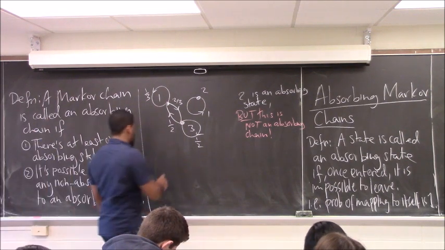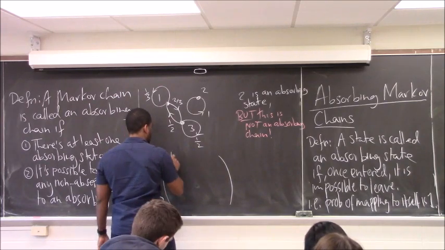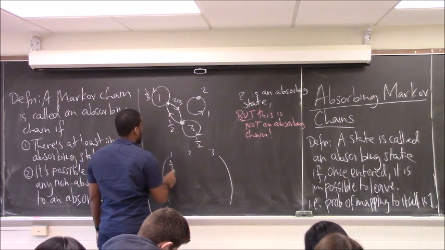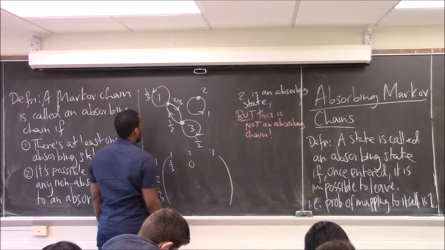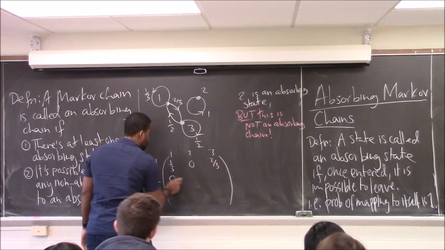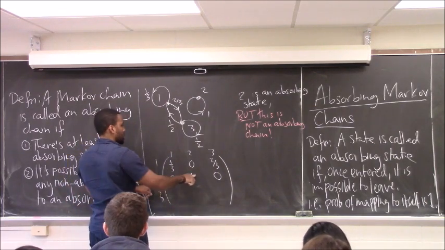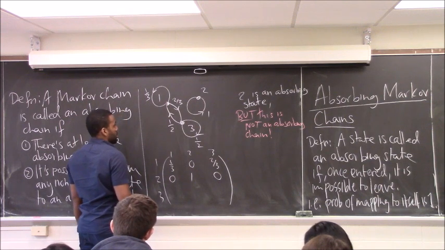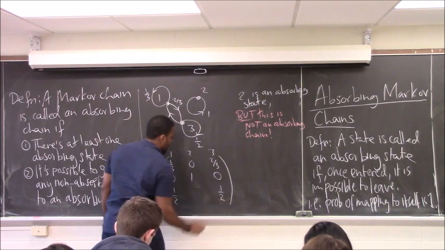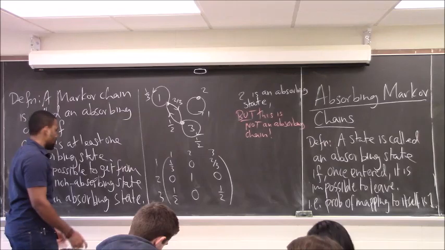The matrix for this is: 1 goes to 1 with a third probability, 1 does not go to 2, 1 goes to 3 with 2/3 probability, 2 only goes to itself. So you'll have a row where they're all zeros and a 1 in the entry mapping to itself, and 3 goes to 1 with a half probability, goes to itself with a half probability, and goes to 2 with 0 probability. So you end up with a matrix that looks like that.